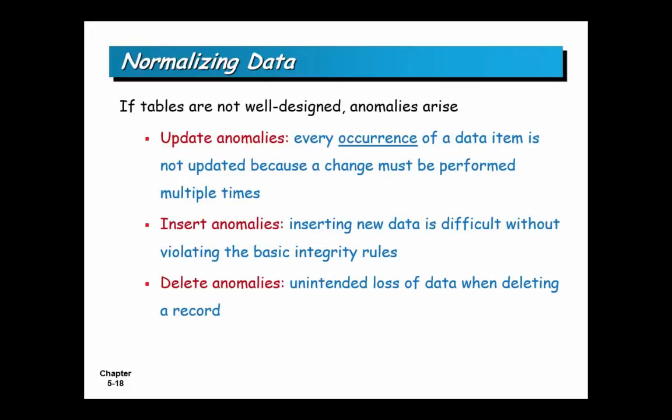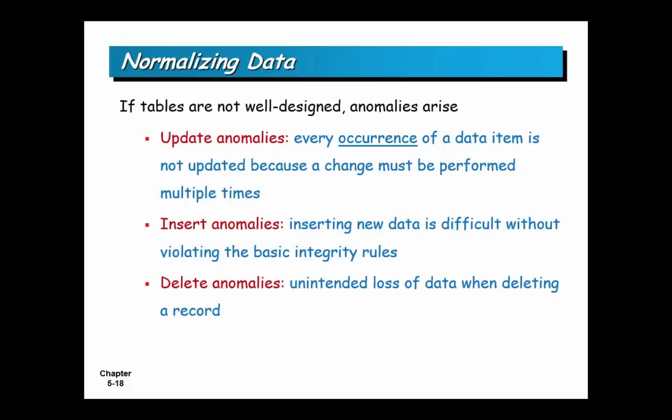So we should not have combined them into one, but we did. Well, now you've got this problem. If you get a new cell phone, but you don't have a salesperson, which is the primary key of that combined table, you can't insert that cell phone. You can't put that cell phone into the system because you don't have a salesperson to associate it with. So an insert anomaly occurs when you have data you want to add to the system, but you can't because the primary keys don't exist the right way.